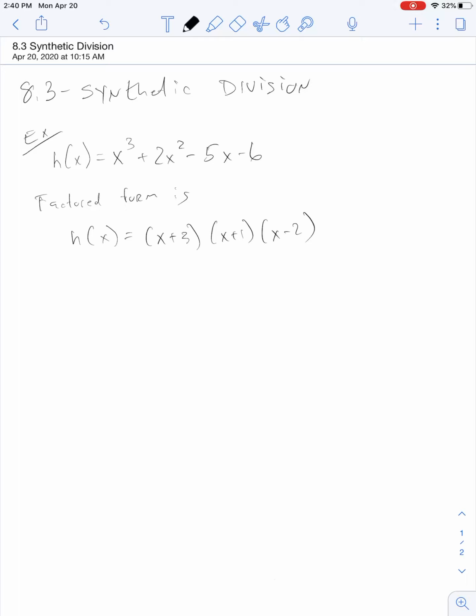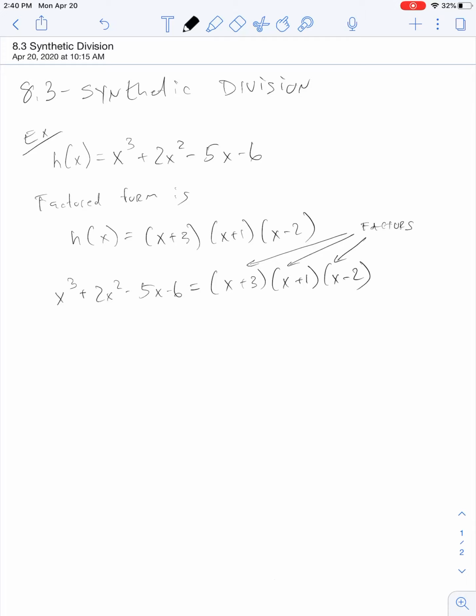So what we're saying here is that x to the third plus 2x squared minus 5x minus 6 in factored form is just x plus 3, x plus 1, and x minus 2. Remember that we call each one of these factors.